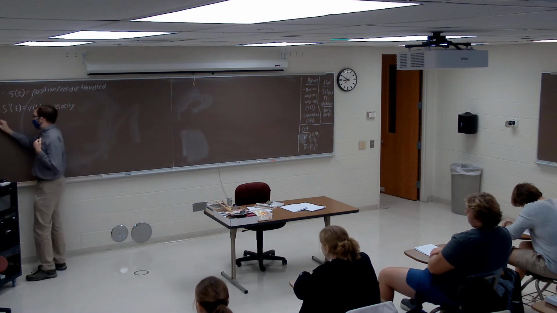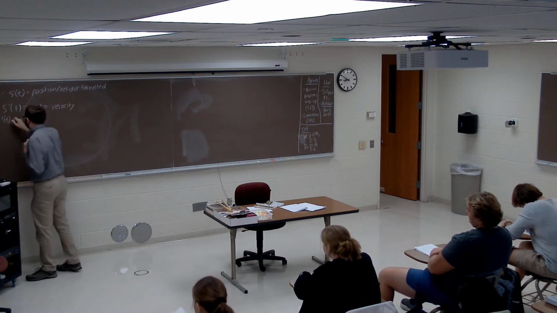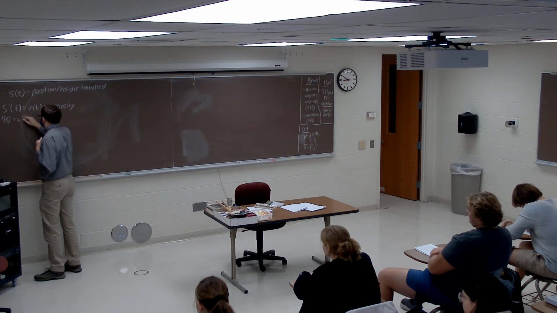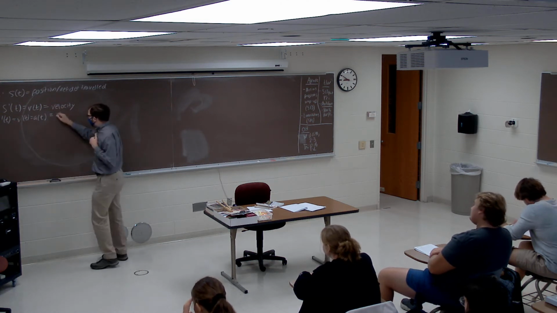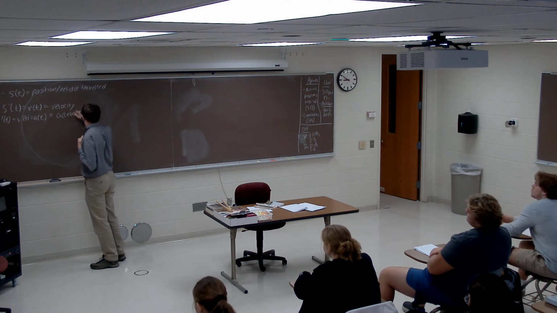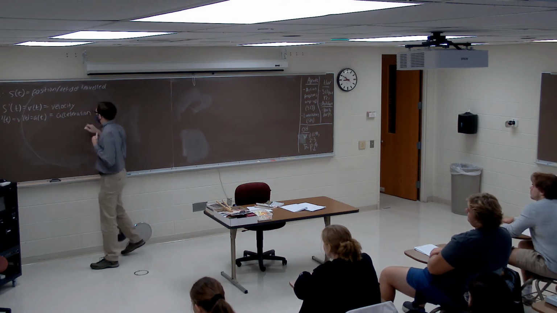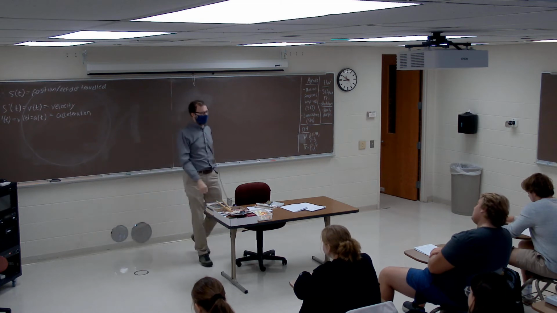And if we were to differentiate again, taking s double prime of t, or v prime of t, we're going to get a function that tells us the acceleration of a moving object.